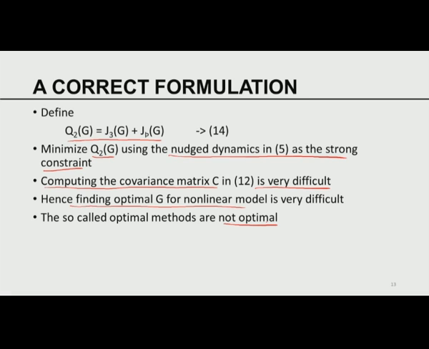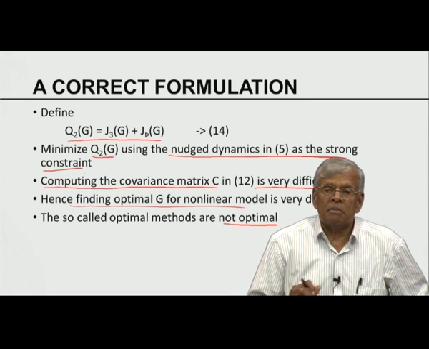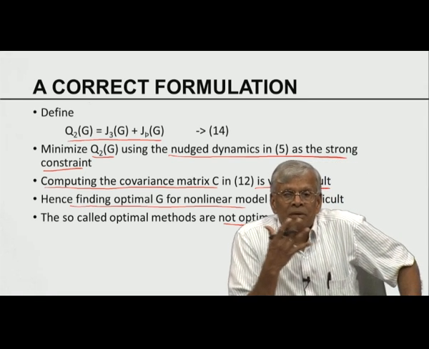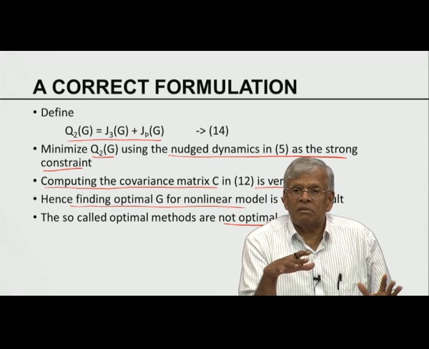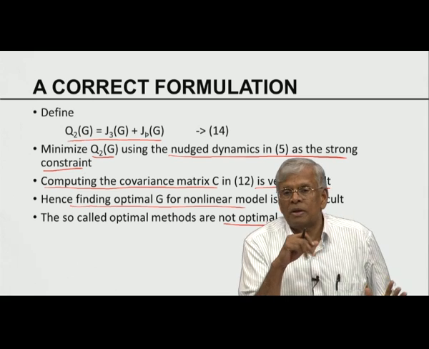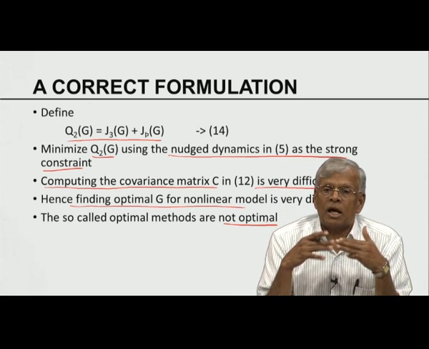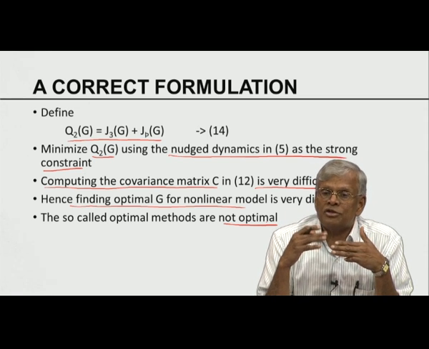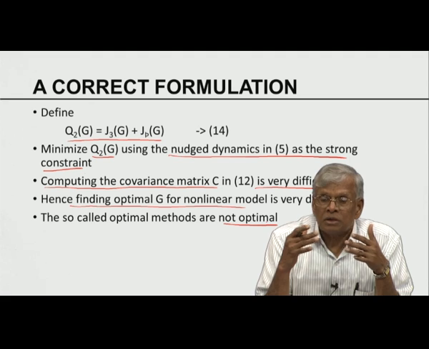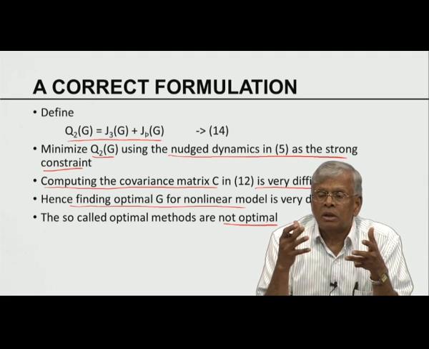So that is the critique about the methodology, and we are also going to suggest a way out of this critique. But in general, what does it mean? Nudging you can implement heuristically. More often than not it works. But if you want to move away from heuristic methodology to an optimal methodology where I am trying to design a G which is best, then you have to take into account all the processes that are involved.